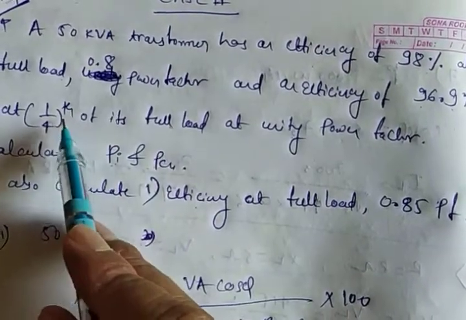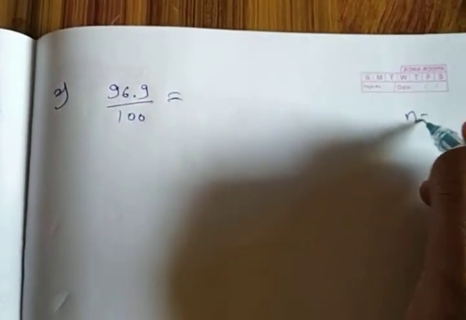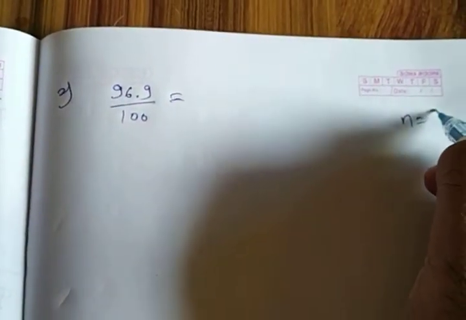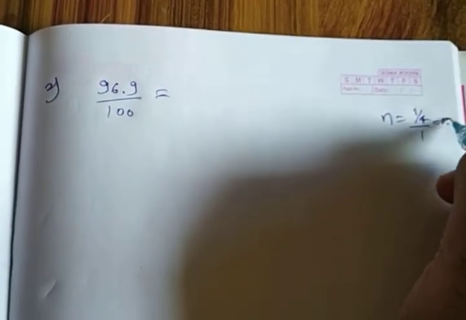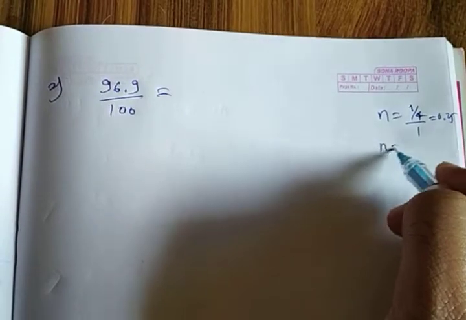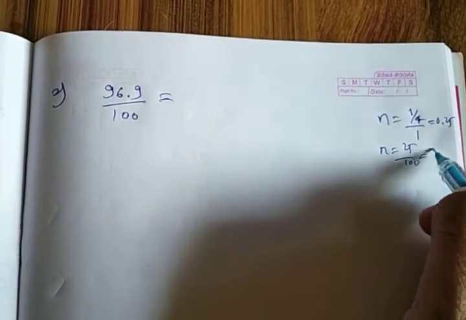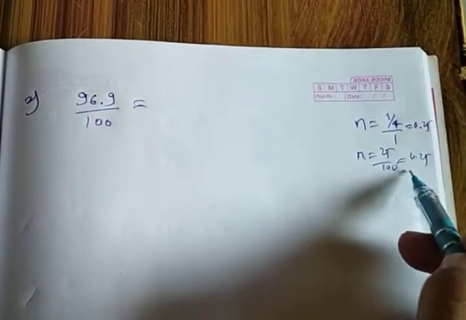If you want to calculate n, 1/4 divided by 1, you will get 0.25, or n is equal to 25 by 100, then also you will get 0.25. So n value is 0.25.